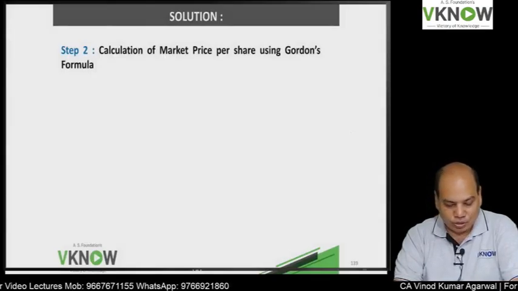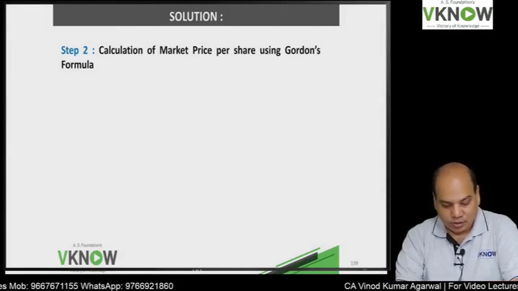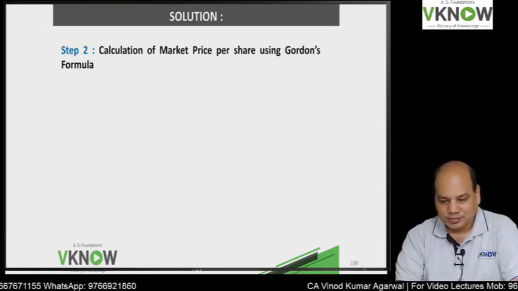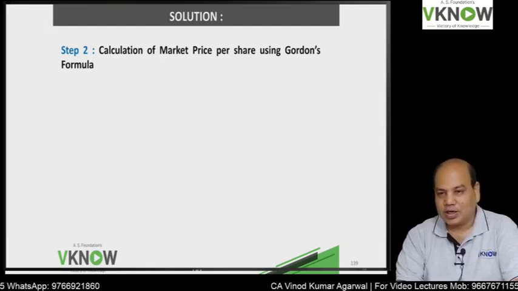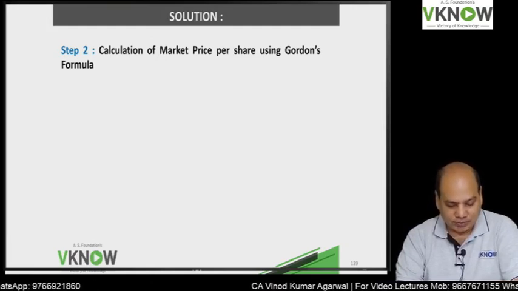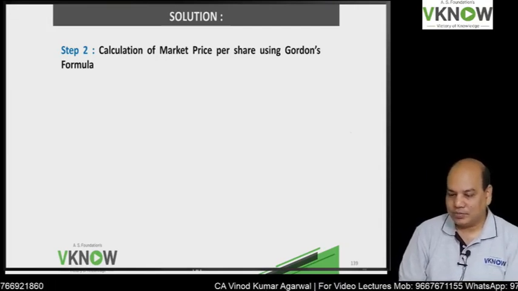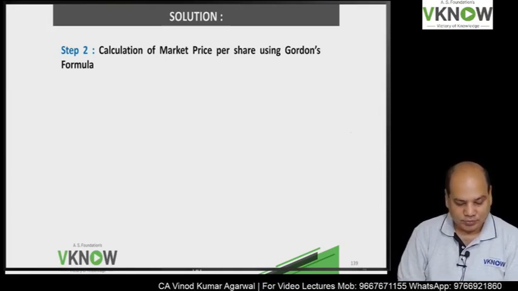Now the step number 2, specifically they have said use Gordon growth model, which is same as dividend discount model. Next line, calculation of market price per share using Gordon's formula.